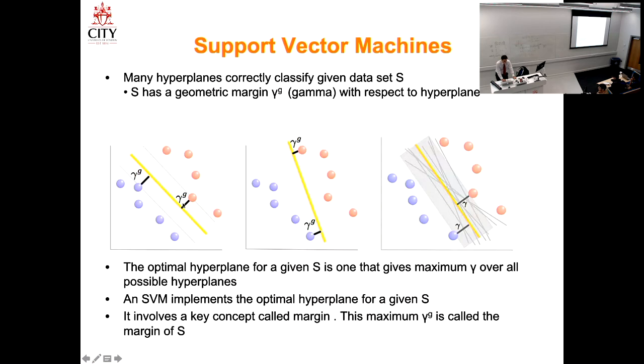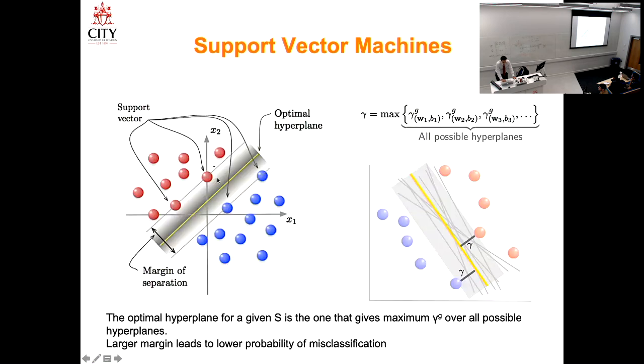They are supporting this line, they're closest to that line, and they're called support vectors. So the goal is to find the line that maximizes this distance. If I have a line here, you can see this distance is less. If I have a line here, it's the max. So I'm trying to find the one that maximizes this distance.